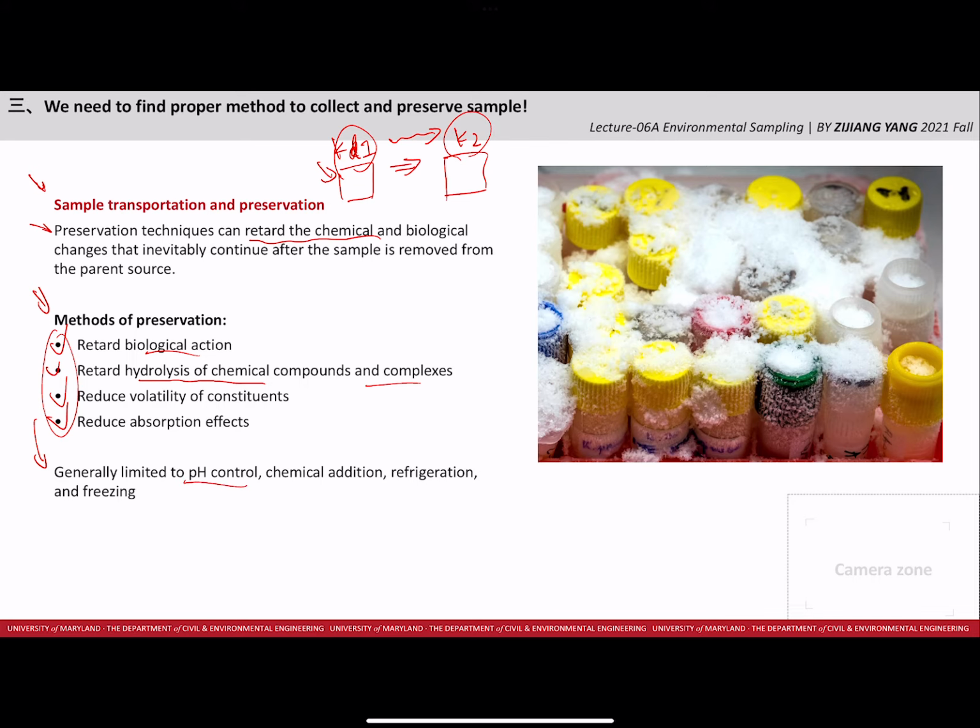We can limit the pH, we can add some chemicals, and we can keep the sample at very low temperature, so the microbial activity will stop or the chemical reaction rates will be significantly decreased. Actually, I think these techniques are pretty much how we preserve fresh food.